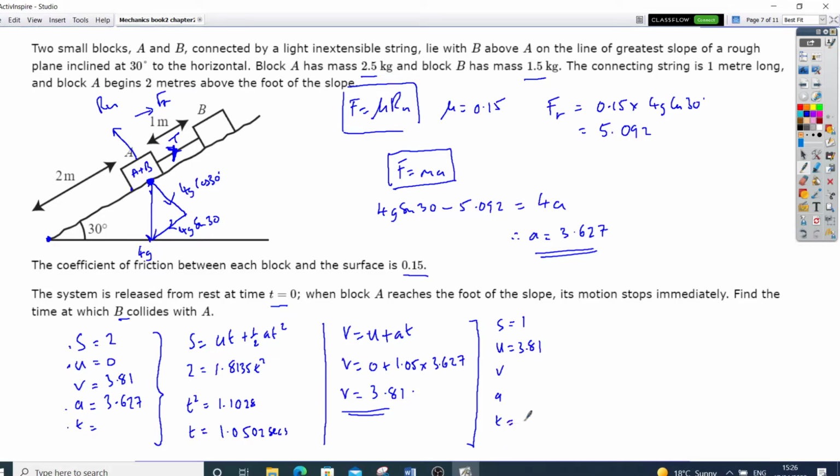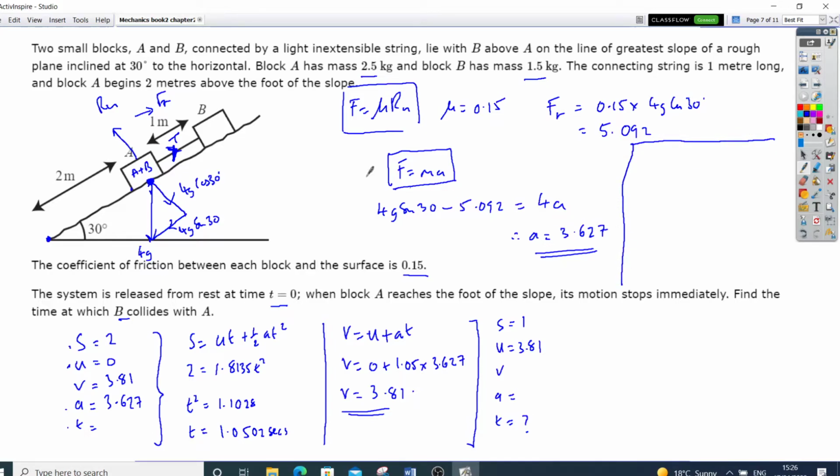I need to find the time, and I need to go back and work out what my acceleration will be. My acceleration has probably changed because of the mass. I'm just going to double check that.